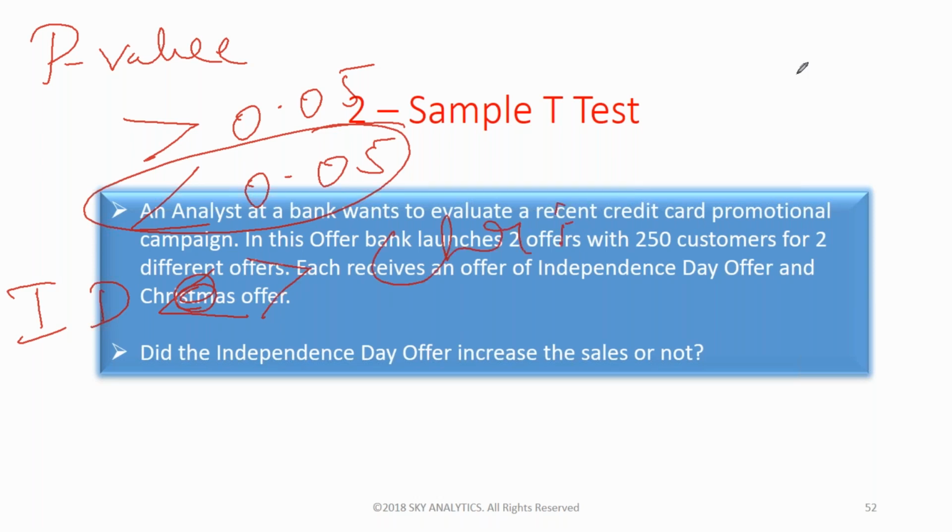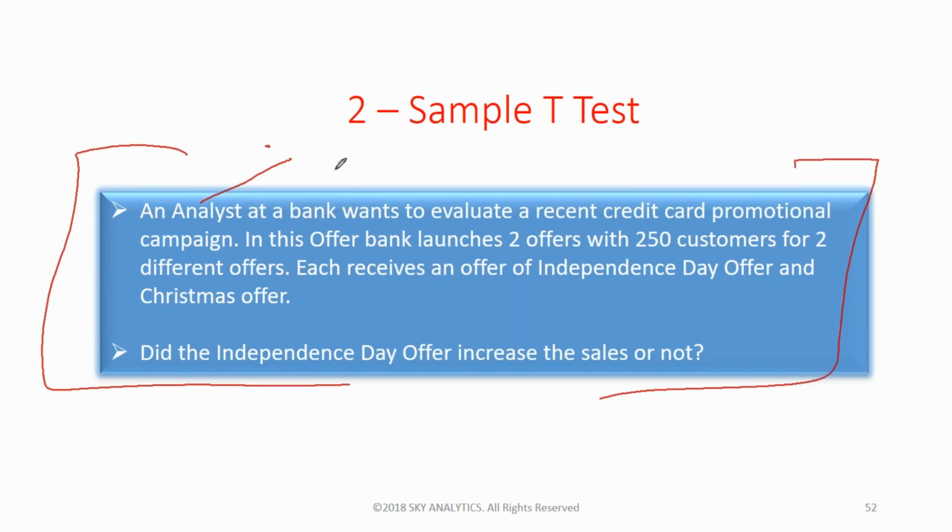So what was your conclusion with respect to this? Your analyst can go and tell the manager that, yes, Independence Day has increased my sales rather than Christmas sales. So this year also we are going to give you more Independence Day offer rather than Christmas sales.